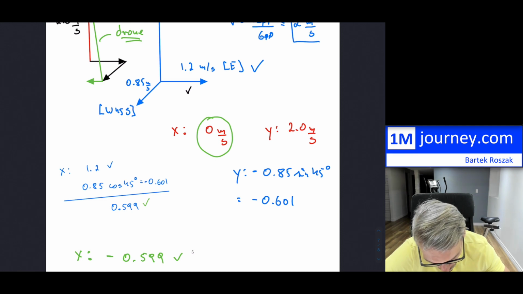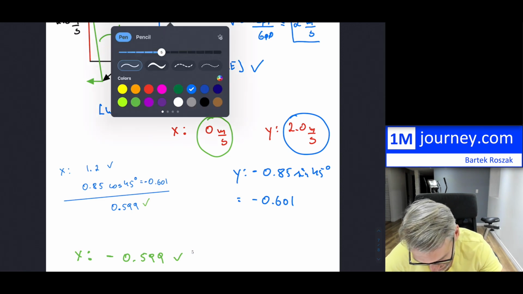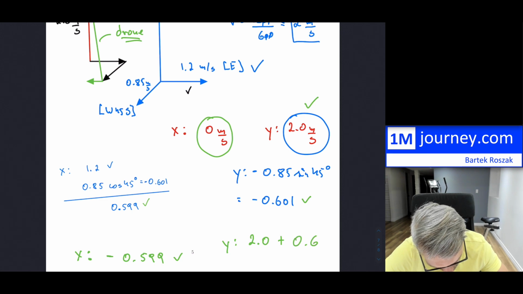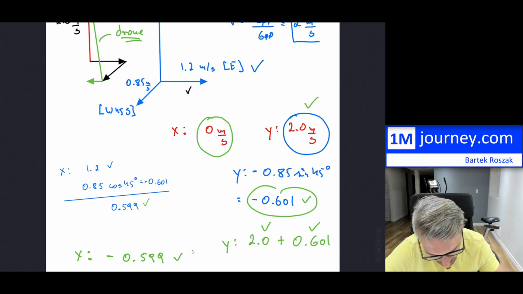Now you have to overcome this, and overall you want 2. So our y component is going to be 2 plus what we need to overcome this. We need an additional 0.601, because 2 plus this brings you back to 2.